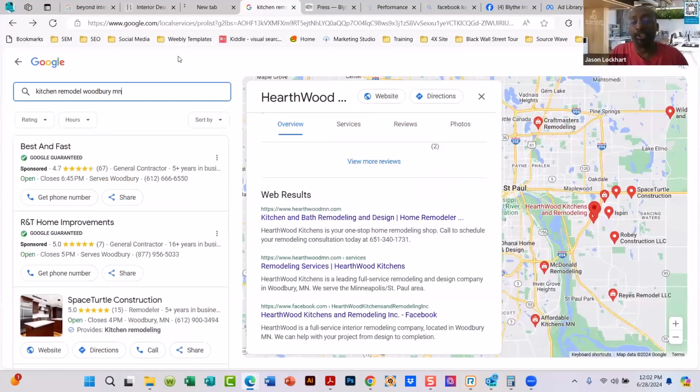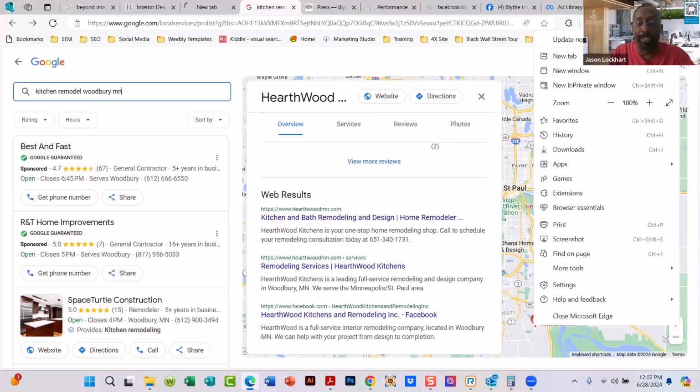When I did the search all the other times, I just did it directly from search. I didn't do an incognito. Over here at the top, you could either say incognito or, depending on the browser you have, it'll say private or incognito or something like that. That's a search that does not take into effect any of your history.